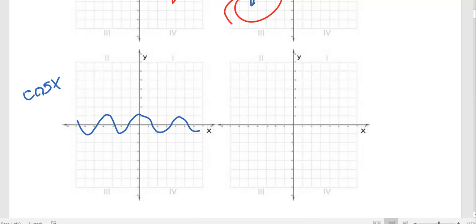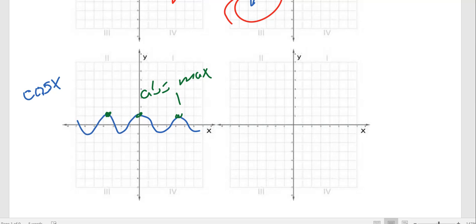I know it's not a great graph, but we'll get over it. And you see there are these high points, and they're all the same, right? So the highest y coordinate for this thing, the absolute maximum, is 1, because that is the highest point on the graph. It just happens to occur infinitely many times for this graph, right?